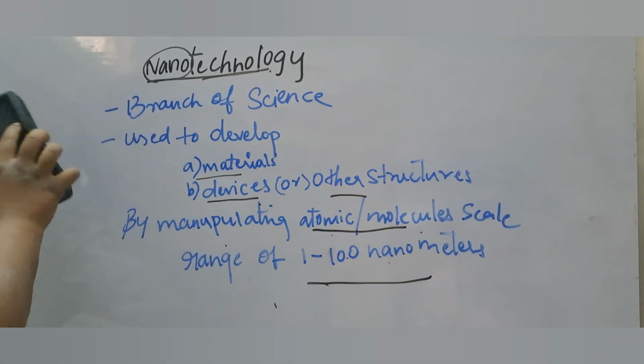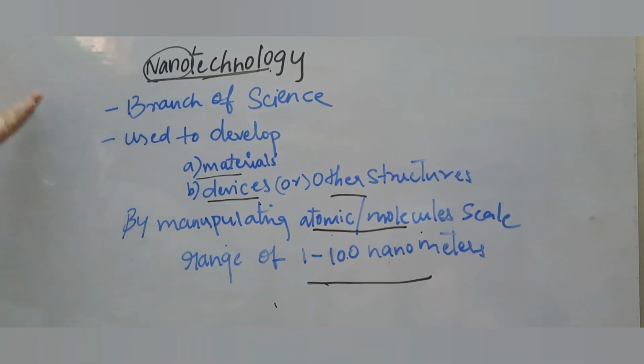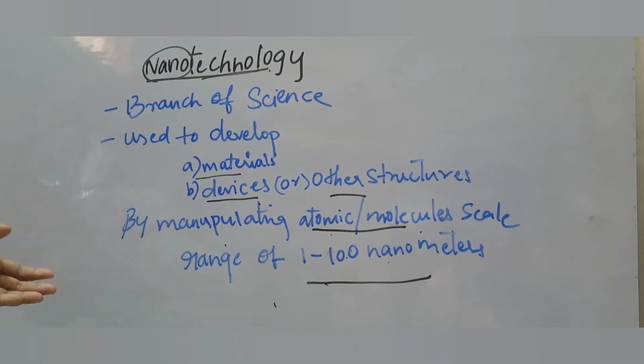Those are all nano sensors, right? Those nano sensors also came from nanotechnology. We are also studying those sensors and microencapsulation. You are aware of that, right? Those all come under nanotechnology itself.